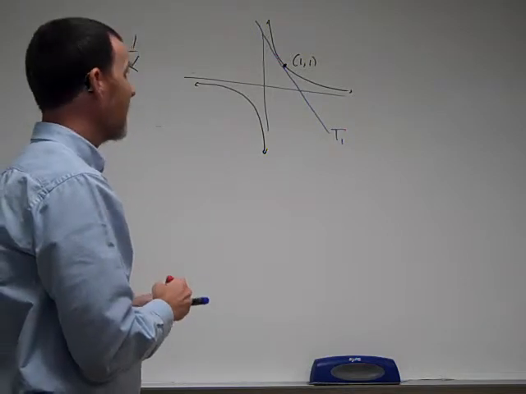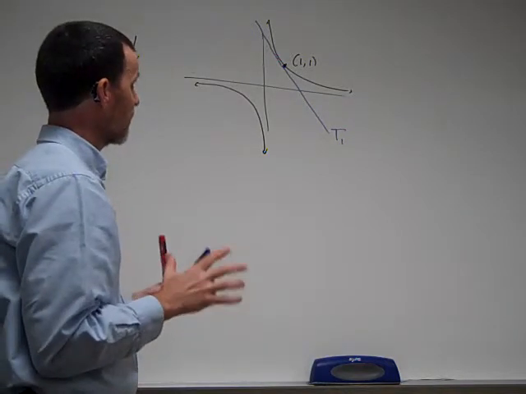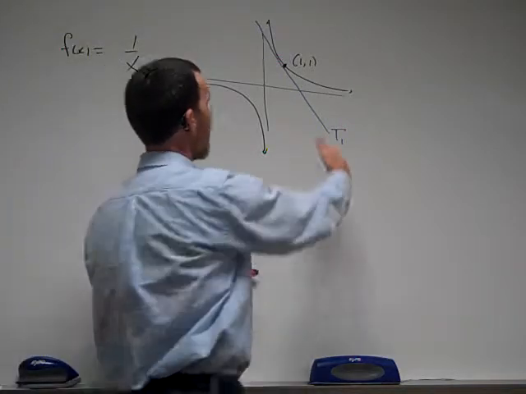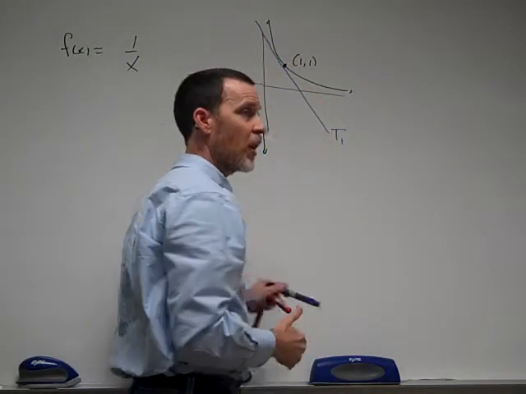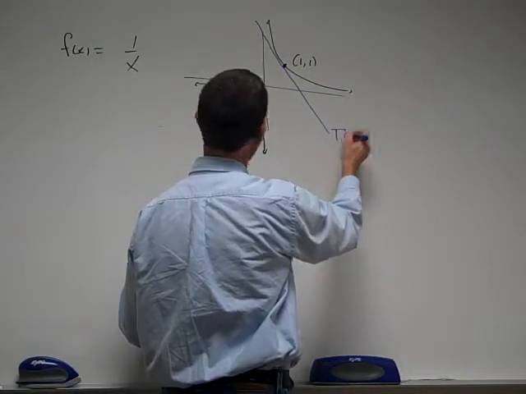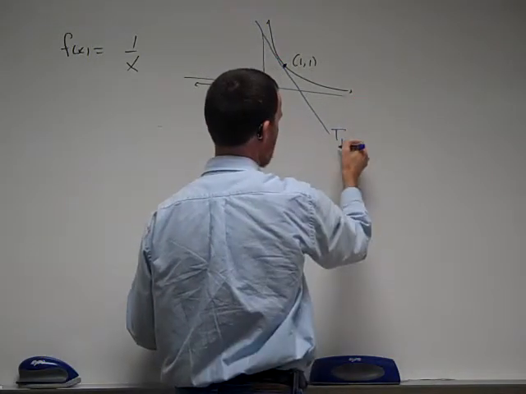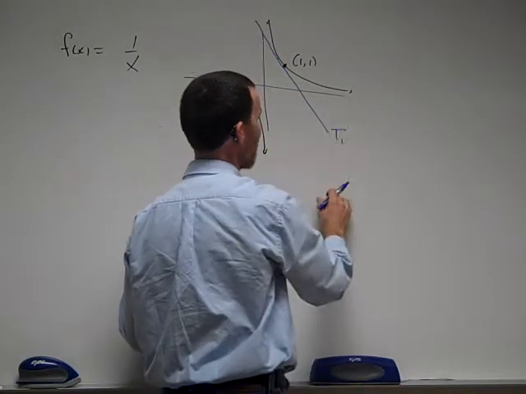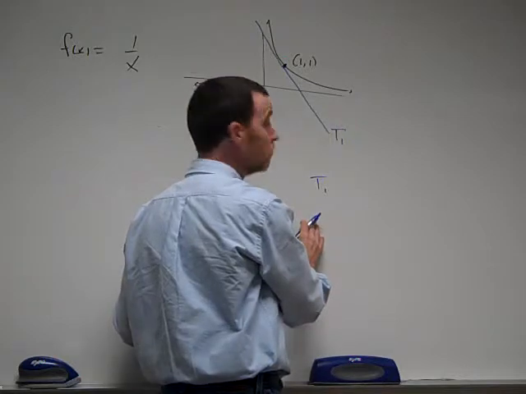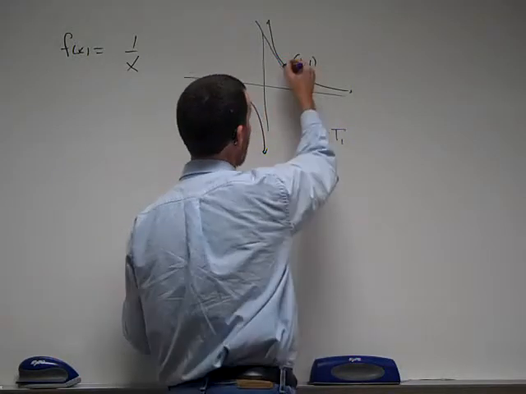Well, if you think about it, you never did this in Calculus 1, or at least I doubt you did. But if there's a tangent line that fits that curve pretty close, calling this function f and this T1, what do T1 and f have in common? They have this point in common, right?